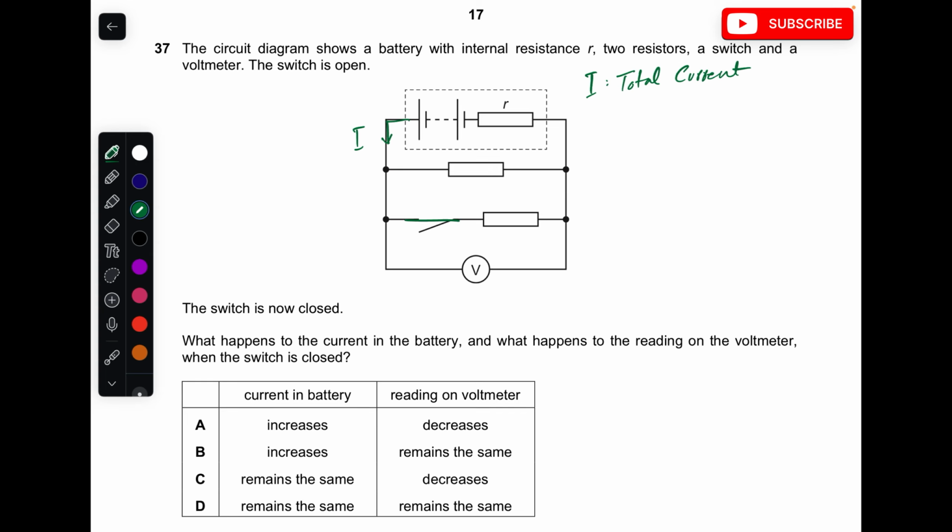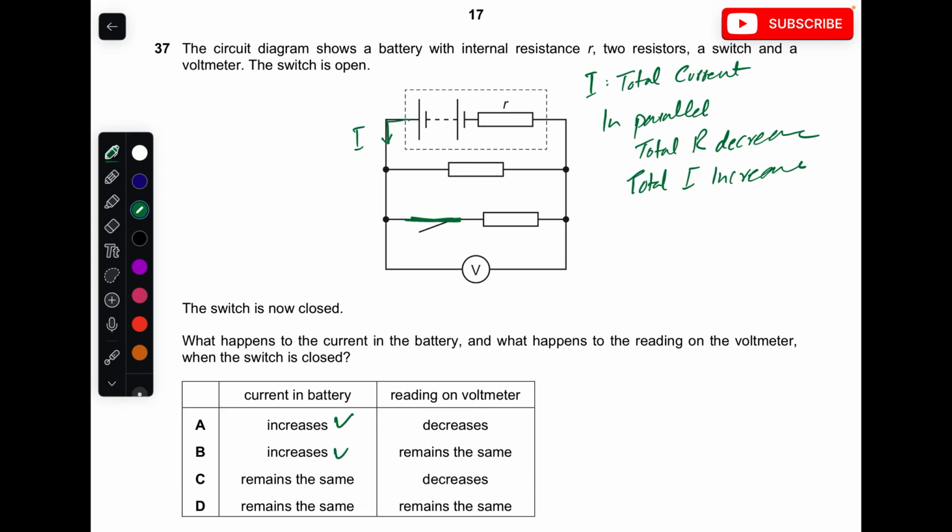When you are closing this switch, we know in parallel total R decreases, so total I increases. This is the first thing. So we have to choose between A and B.